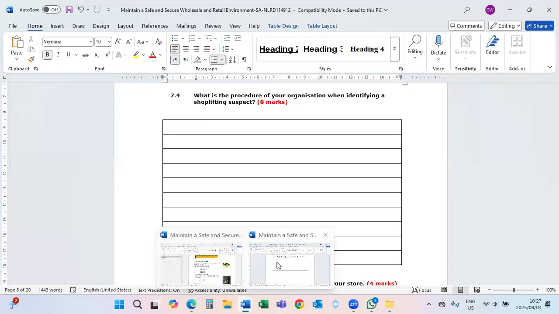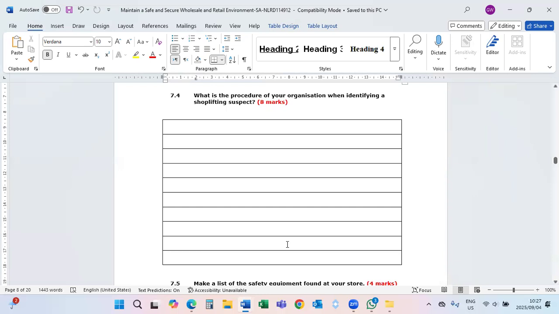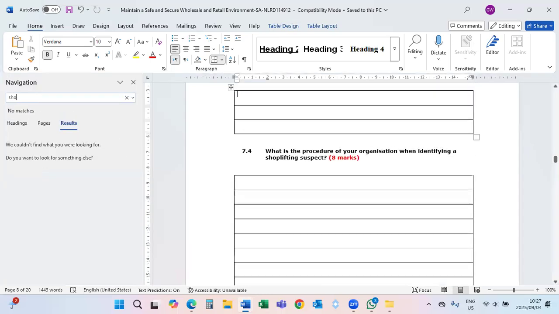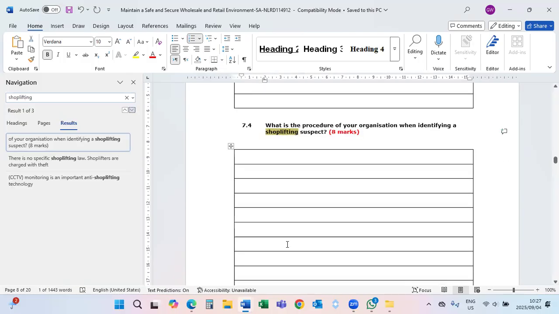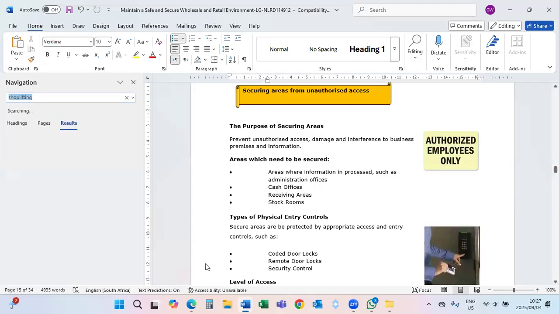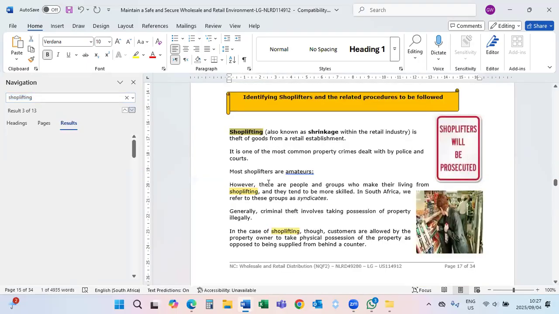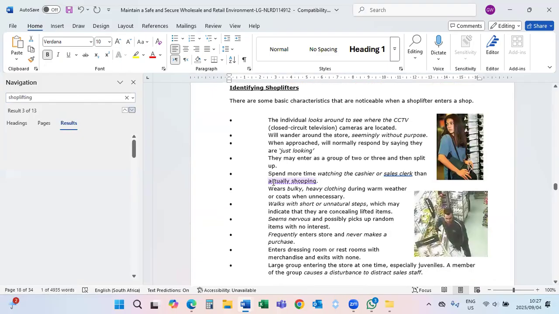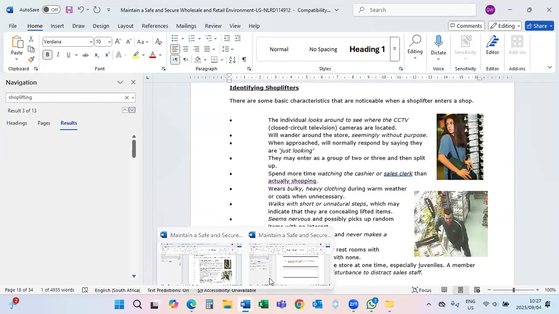Let's go and have a look at the procedure here. Shoplifting. I'm on the wrong document. Let's go here. Okay, let's see the procedure. Let's just reread the question.